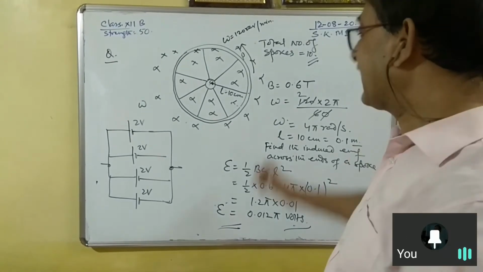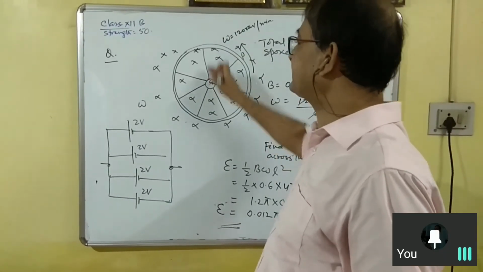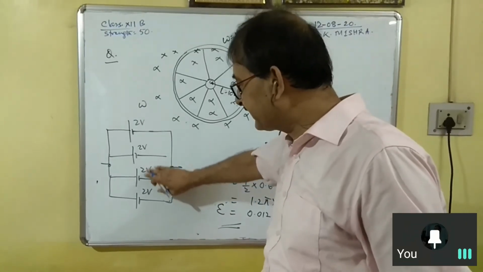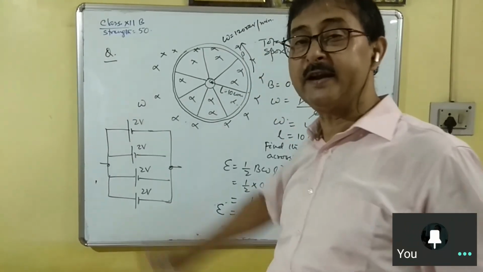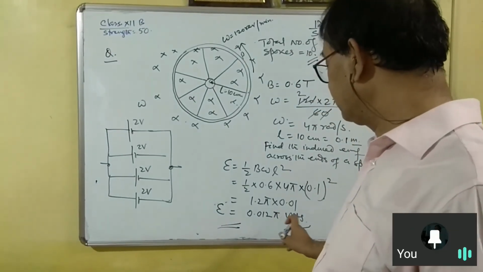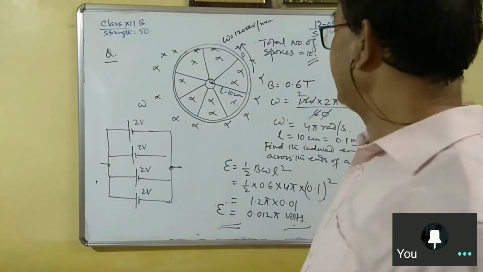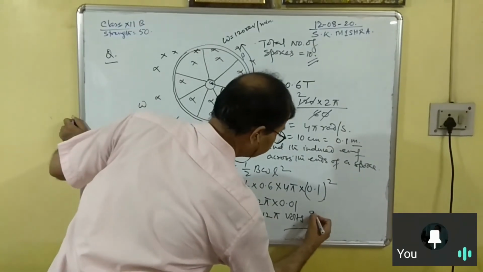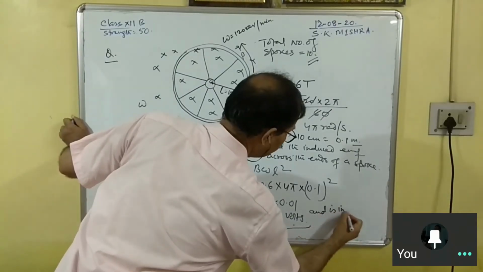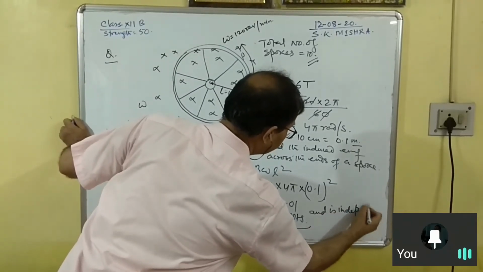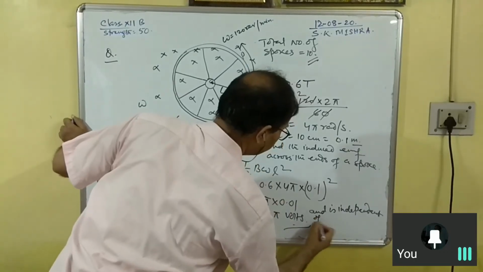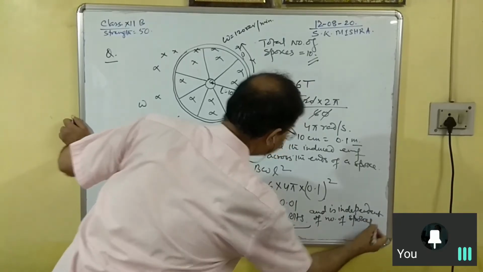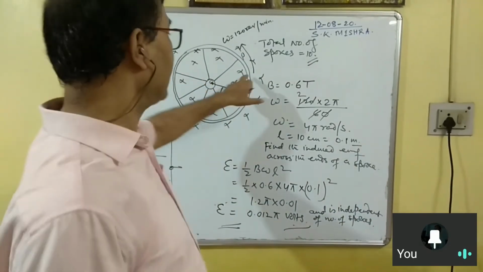But it is not that case. In all the spokes, you have the same EMF. So equivalent to cells connected in parallel of same EMF. So net EMF is equal to 0.012 pi volts and is independent of the number of spokes connected between the axis and the ring.